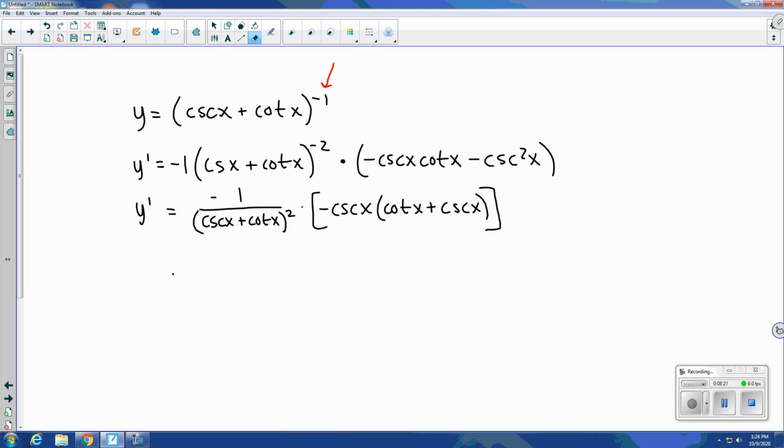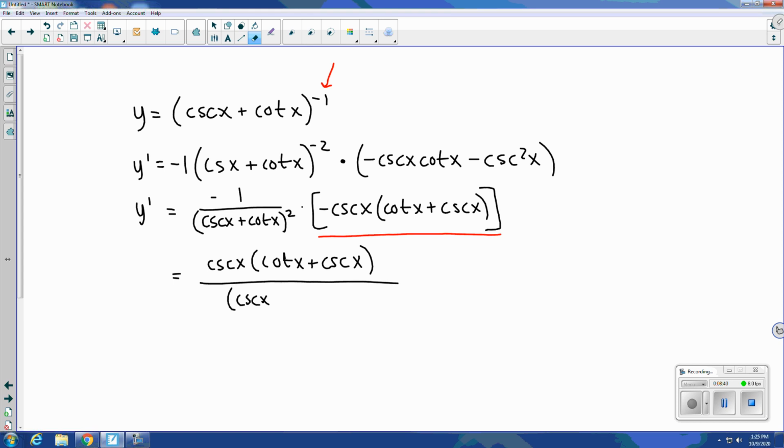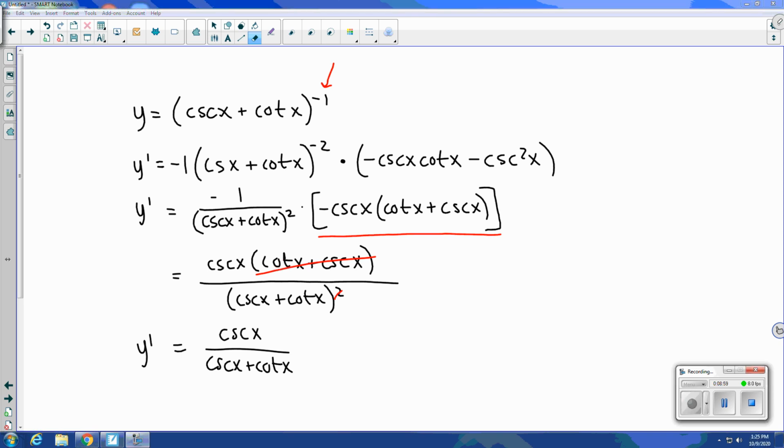So we're going to multiply this piece here by negative 1, move that to the numerator. So we're going to have cosecant x, cotangent x plus cosecant x. And then this is all over cosecant x plus cotangent x squared. So we get that cancellation here with one of these. So now we're at cosecant over cosecant x plus cotangent x. And there is your derivative. So that one worked out nicely.